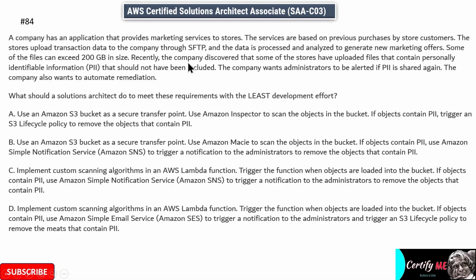Recently, the company discovered that some of the stores have uploaded files that contain personally identifiable information that should not have been included. The company wants administrators to be alerted if PII is shared again. The company also wants to automate remediation. What should a solutions architect do to meet these requirements with the least development effort?